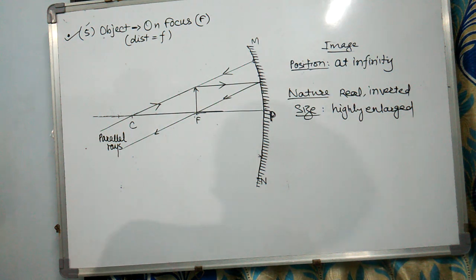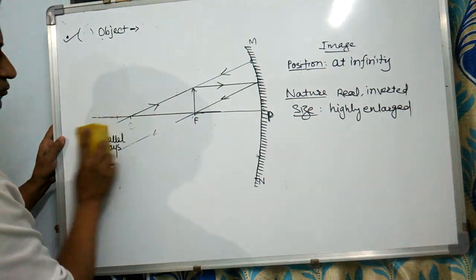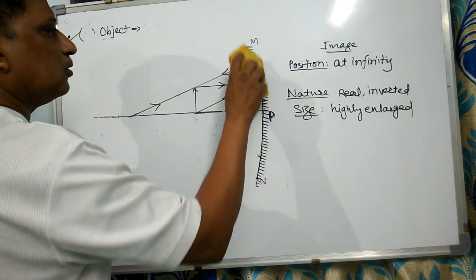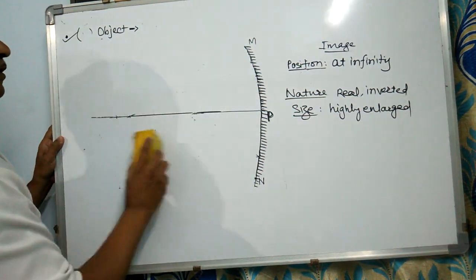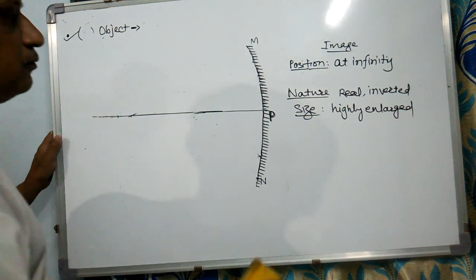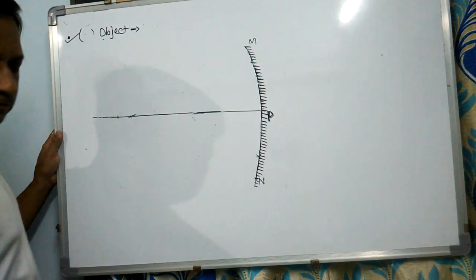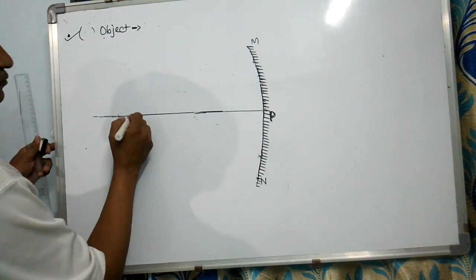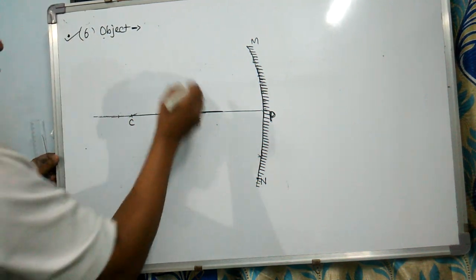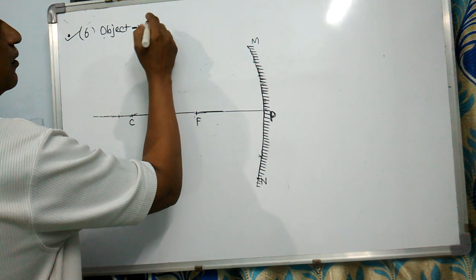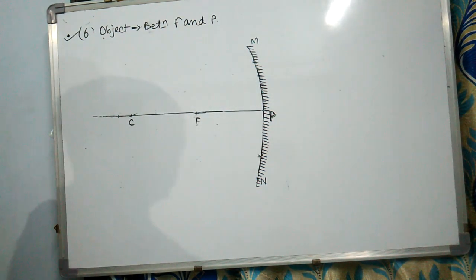Now, the sixth one. Now, the object is in between focus and pole of the mirror.